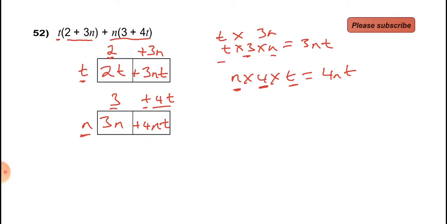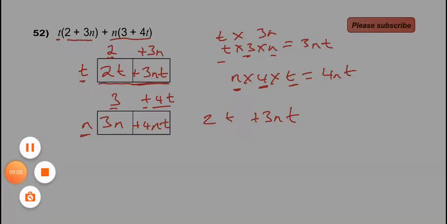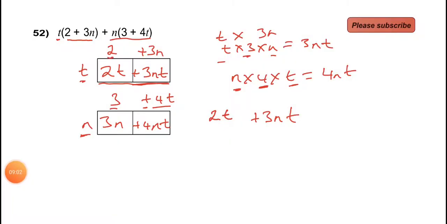Now we're going to try and collect all the like terms, so copy that down first, 2t plus 3nt, and then from here we've got 3n plus 4nt, and the sign here was positive.